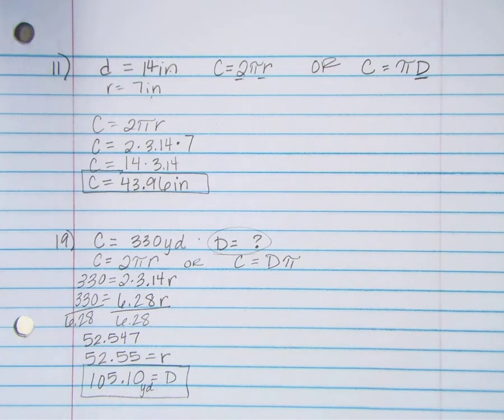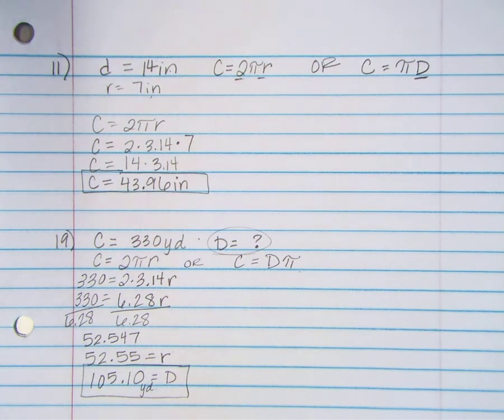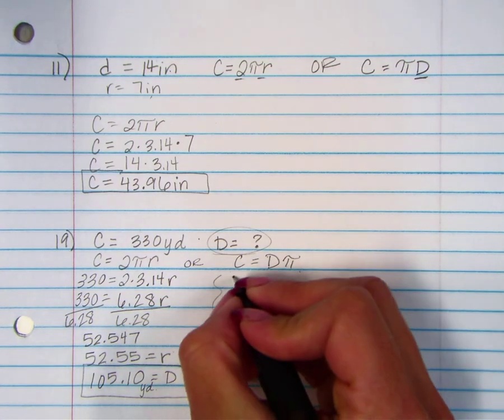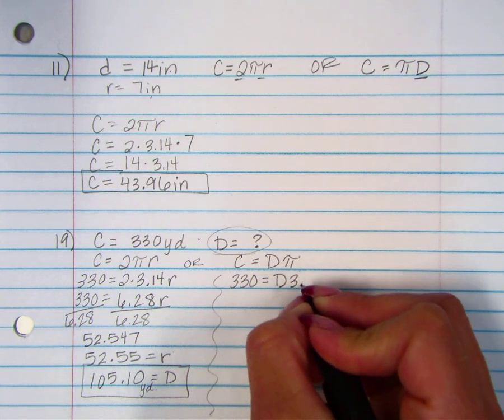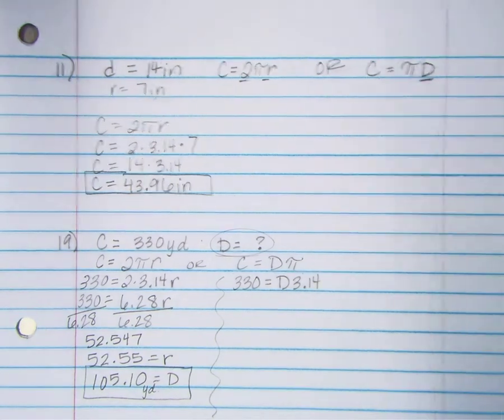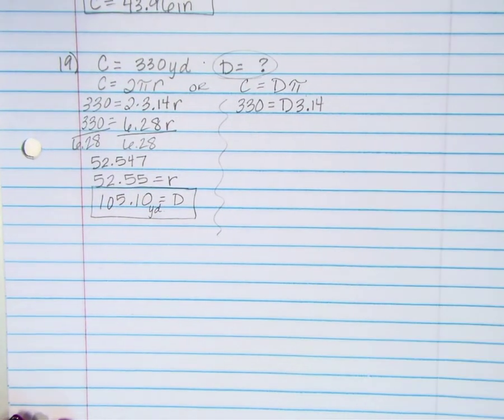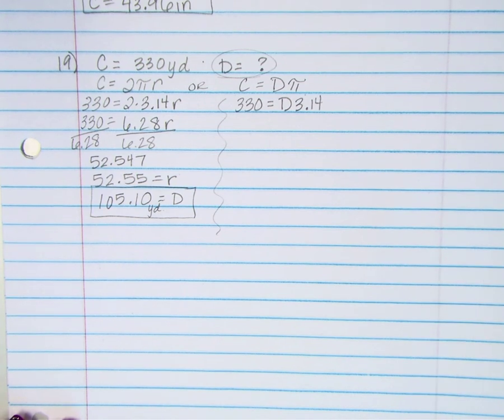Okay? Now I'm going to do it with this formula to show you that it will work out exactly the same. I'm just going to draw a little line, and I'm going to do it so that we can see it with the other formula. So our circumference is 330. We're solving for d, and pi is 3.14. How do I get D alone, Mr. Jared?